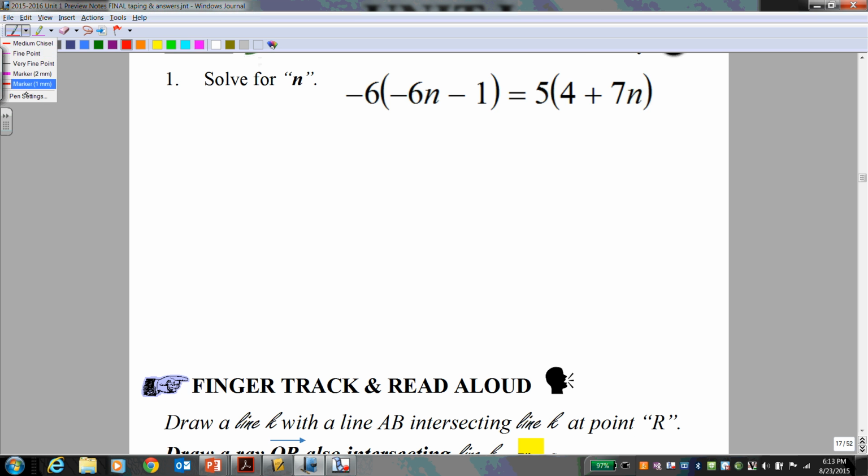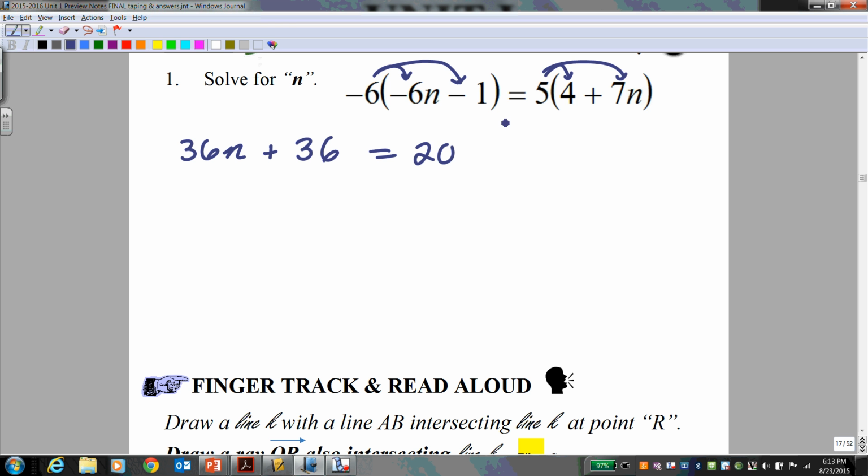Let's do our algebra together here. We're going to distribute that -6, and we're going to distribute that 5. Negative times a negative is a positive, so that's going to be 36n. Negative times a negative is a positive, so that's plus 36 again, equals 5 times 4, 20, 5 times 7, 35n. Variables on one side, numbers on the other.